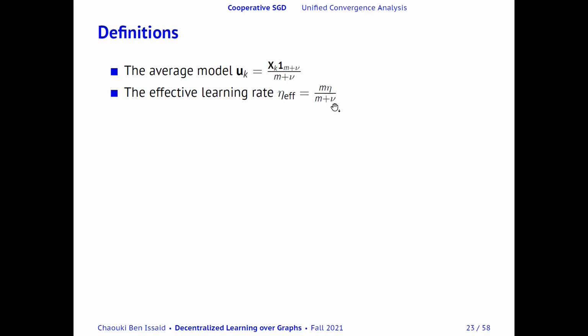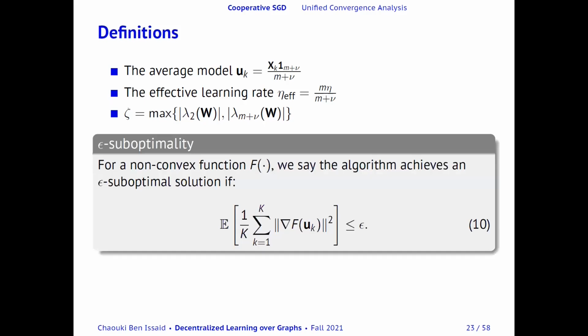So in case nu is equal to 0, this simply reduces to the learning rate eta. And we define the parameter zeta to be the maximum between the eigenvalues lambda 2 and lambda m plus nu. From assumption 6, we know that this parameter zeta is between 0 and 1.